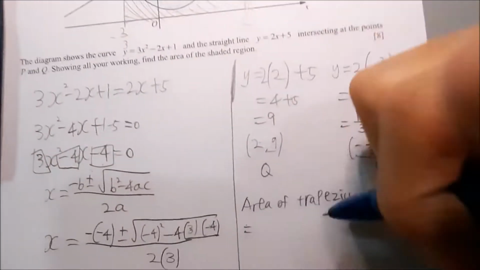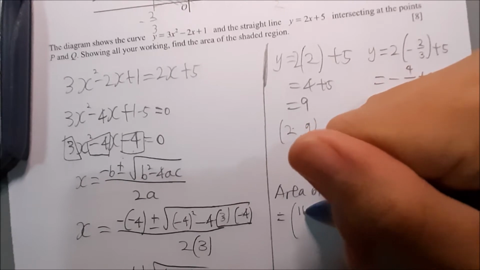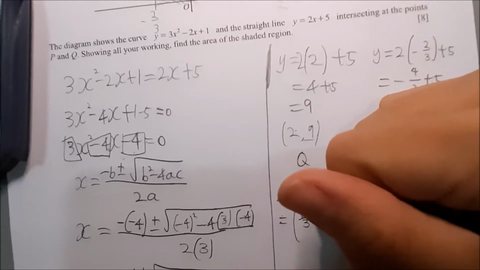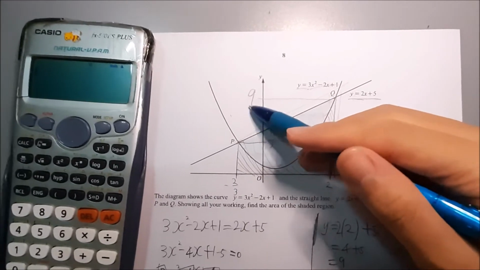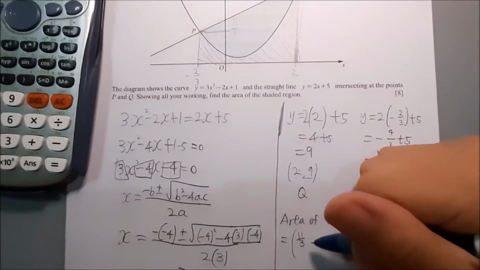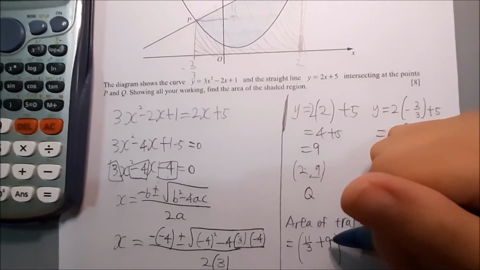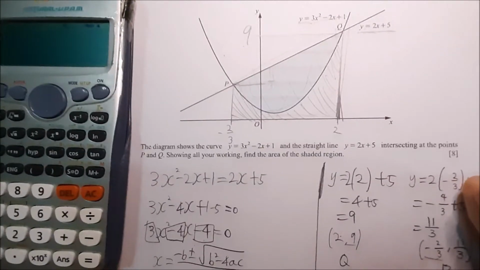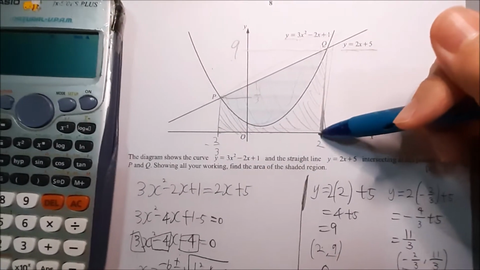So the top part is 11 over 3 plus the bottom, which is 9, and then you times the height of the trapezium, which is from here to here.